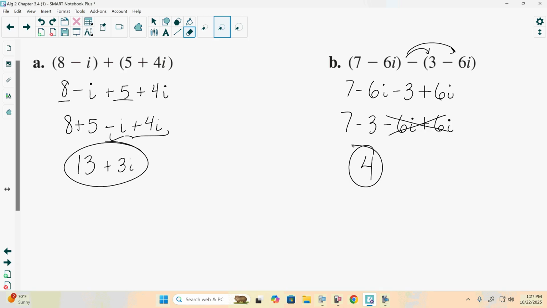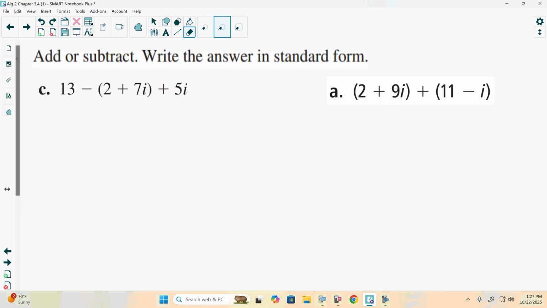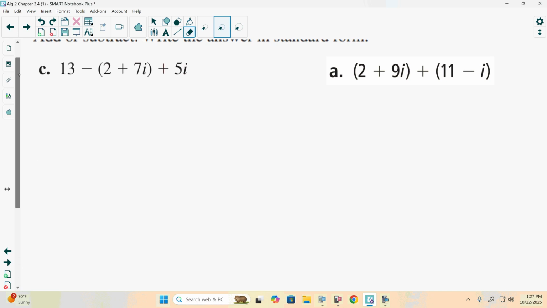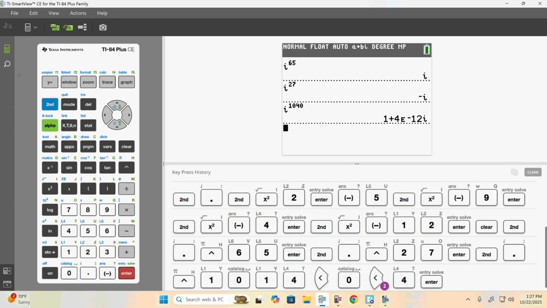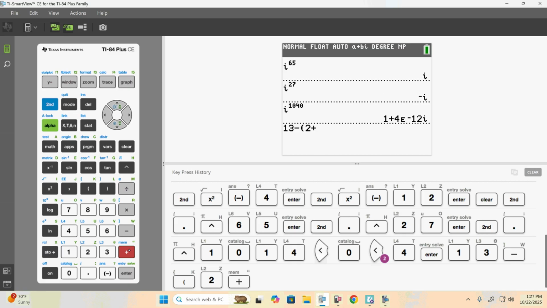Questions on this here. (13 minus 7i) minus (2 plus 7i) plus 5i. What was it? Plus 7i. Thank you.